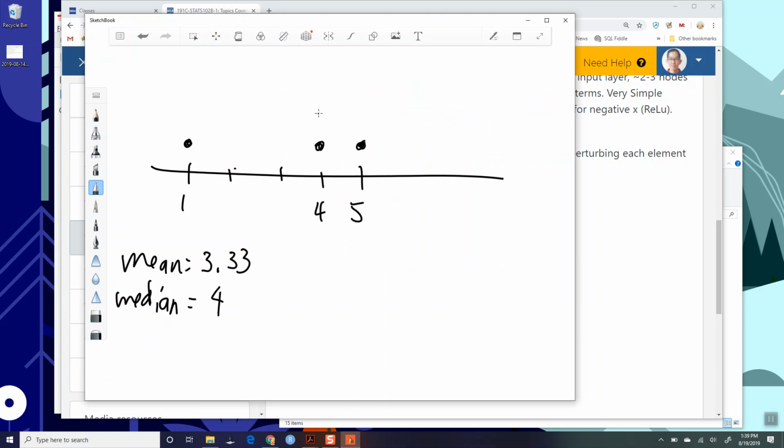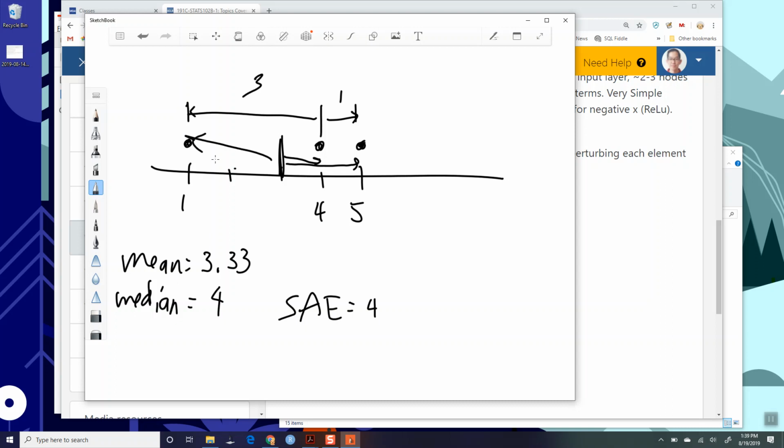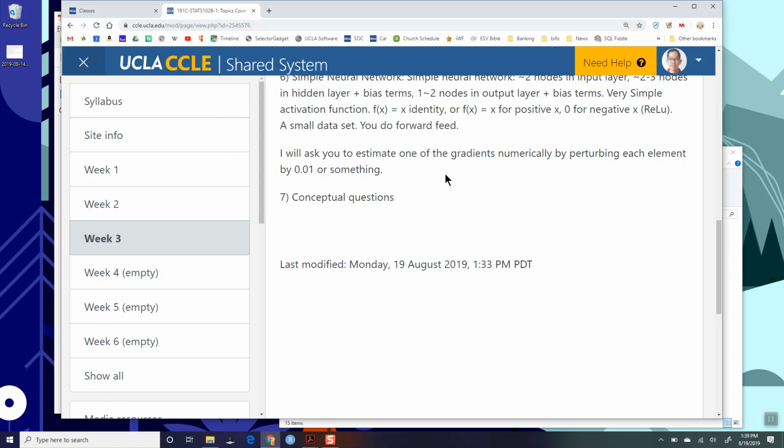But anyway, if you measure the absolute errors from the median, you get 1 and 3, and so the sum of absolute deviations would be 4. If I picked 3 instead, then I have an error of 1, 2, and 2, and this would go up to 5. So the median will give you the smallest absolute errors, whereas the mean at 3.33 will give you the smallest squared errors. So that's the relationship between our rules of deviations.